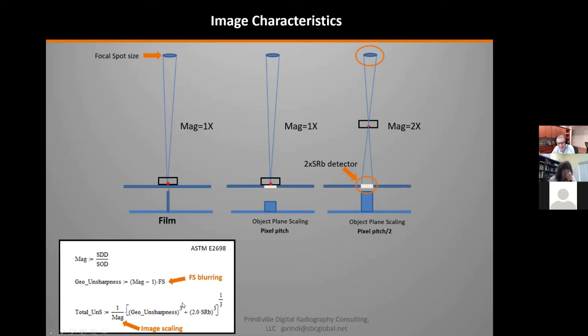So what is this equation doing? It's taking 2 times the spatial resolution of the detector, and it does that because you're not guaranteed your indication is going to fall just within 1 pixel. It may fall within 2 pixels. It might be on the edge.